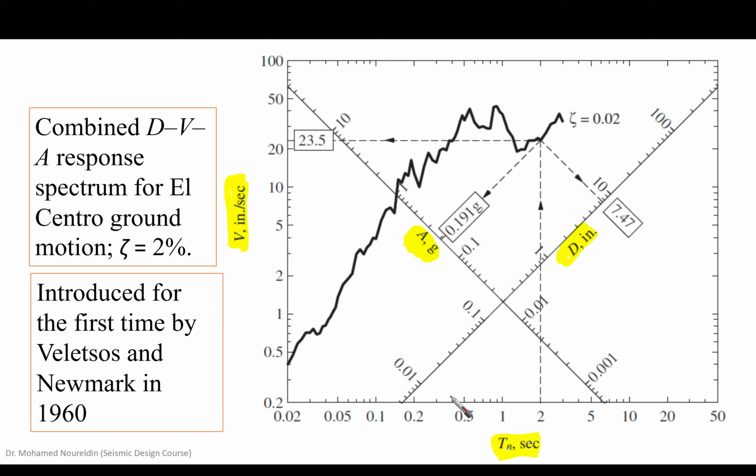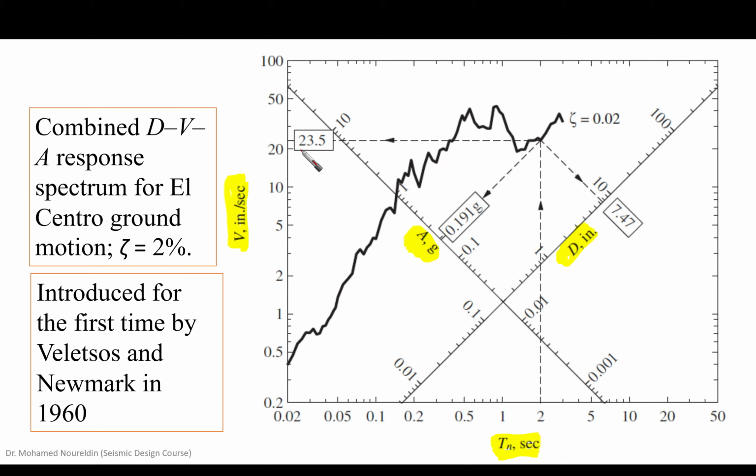No need to construct this tripartite, because this is detailed in my dynamic analysis course, where I teach how to draw the tripartite response spectrum. Here, for this course, you only need to understand what it means and how we can extract information from it. That's the main advantage of this combined response spectrum.